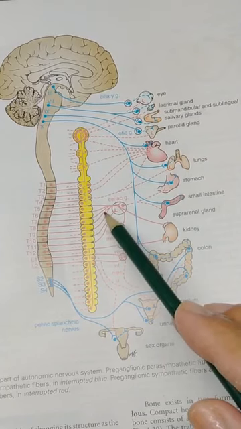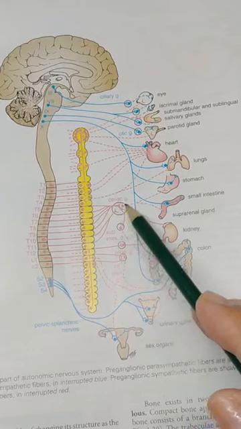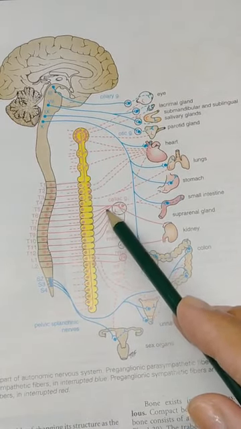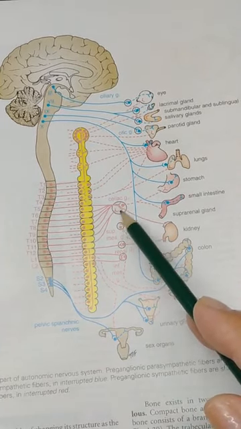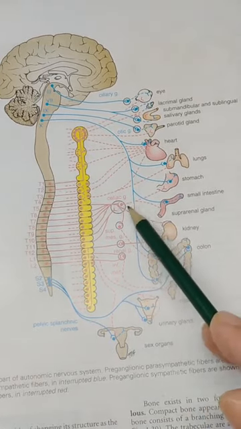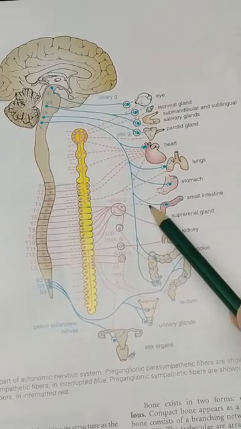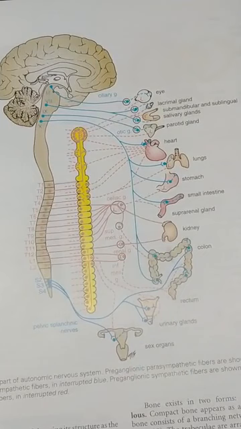This is a preganglionic sympathetic fiber, and this is the celiac ganglion. The preganglionic sympathetic fibers make synapse, letter Y, with the neurons here. And these broken lines refer to postganglionic sympathetic fibers.